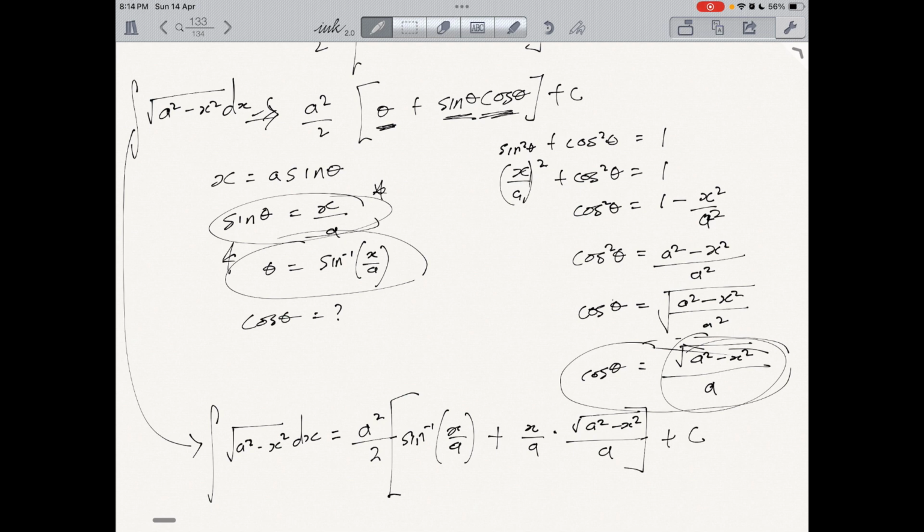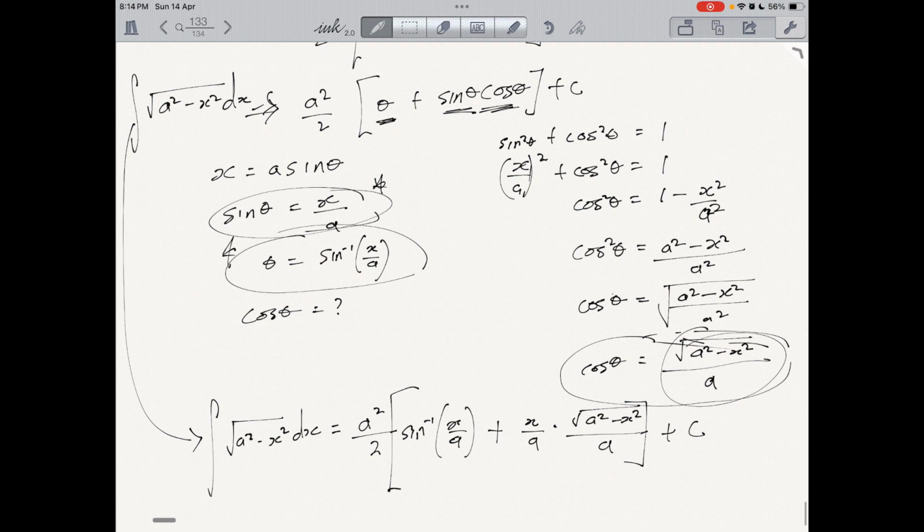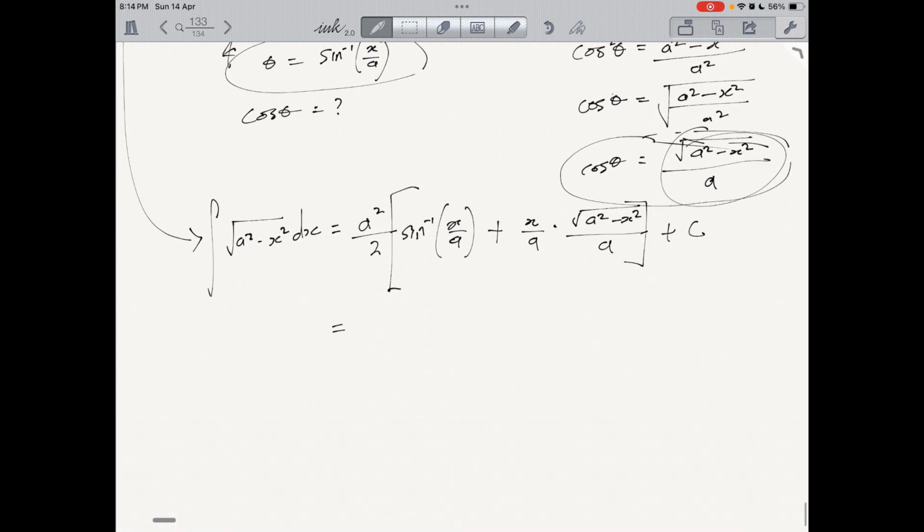Now, simplifying further, we realize that it becomes a squared over 2. Let's open the brackets, and we have arc sine x over a plus x over a multiplied by the square root of a squared minus x squared divided by a, plus c.